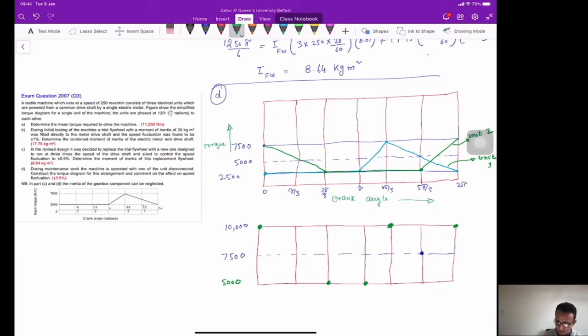So if you join these points, you will get this line here, then it's 5,000 here, it's going to 10,000, and then it's coming back to 7500, and then again it's going to 10,000 here. So this is now the overall torque diagram.